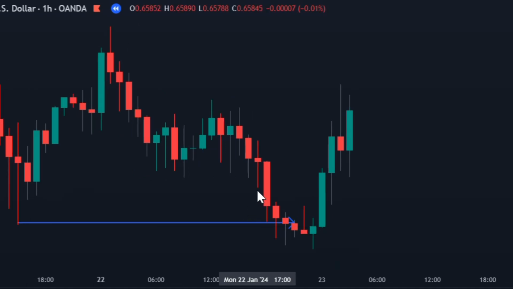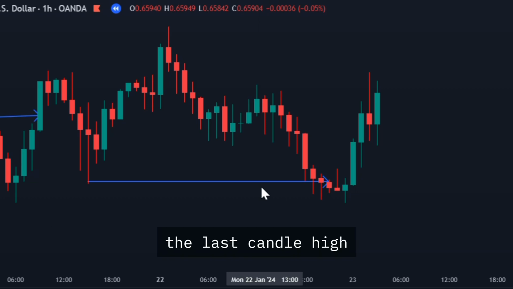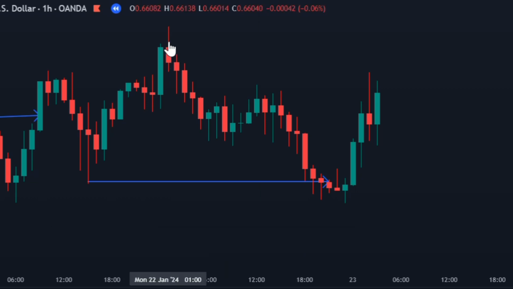So what we want to do, we want to mark the last high, the last candle high, this one. So we mark this last candle.